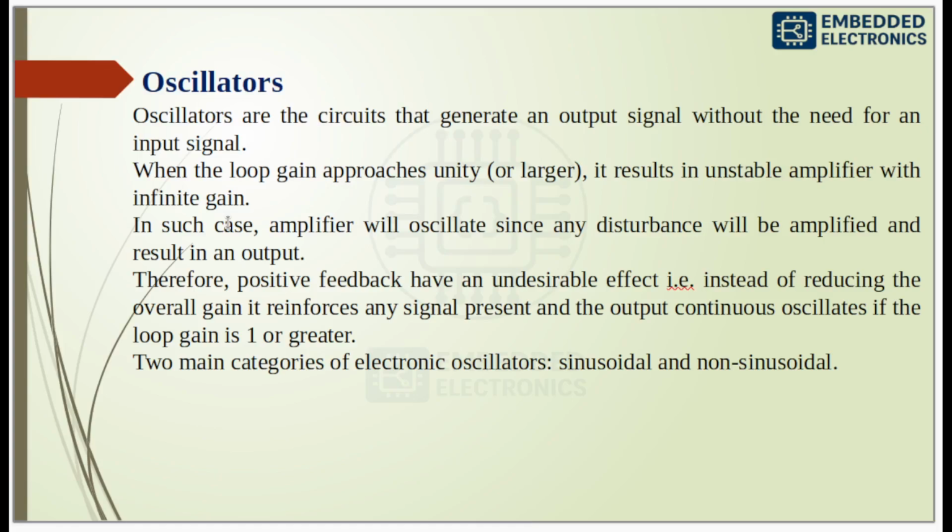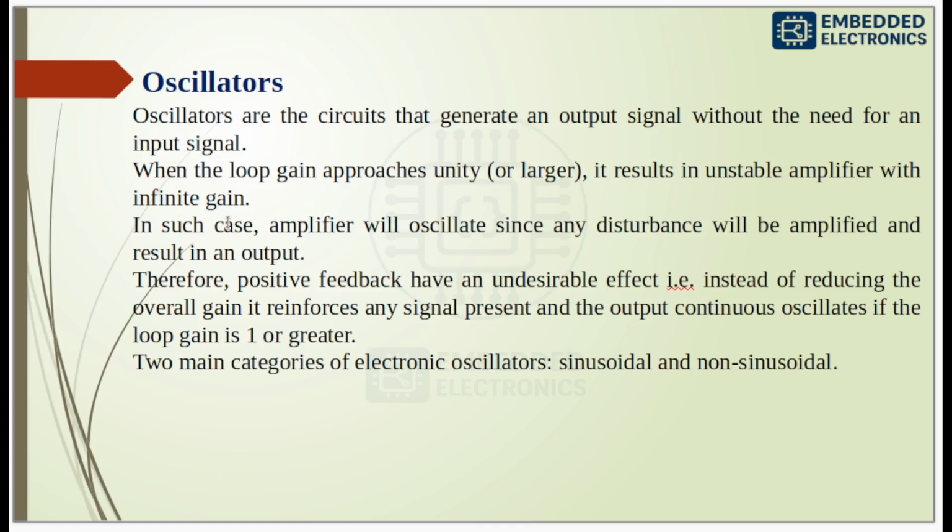So, the two main categories of electronic oscillators are the sinusoidal oscillator and the non-sinusoidal oscillator. Sinusoidal means it can produce an output having a sine waveform, so it is called a sinusoidal or harmonic oscillator. It can provide output at frequencies ranging from 20 Hz to 1 GHz.